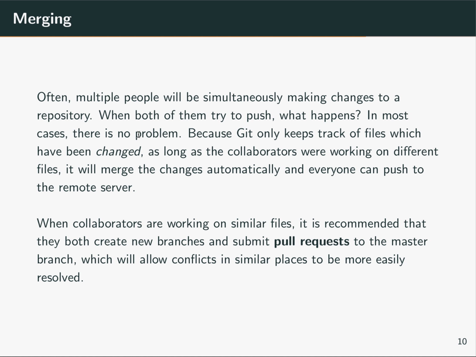So in this case, the way that I recommend you handle it, and the way we'll be handling it in robotics, is to make a new branch for your commits, and then you can push to that branch because no one else will be changing your branch, and then you can submit what's called a pull request to the master branch, and this basically says, okay, my code in this branch is in good shape. I'm ready for it to be merged with master, and then someone can review the pull request, and if there are multiple conflicts, they can choose which should be prioritized.